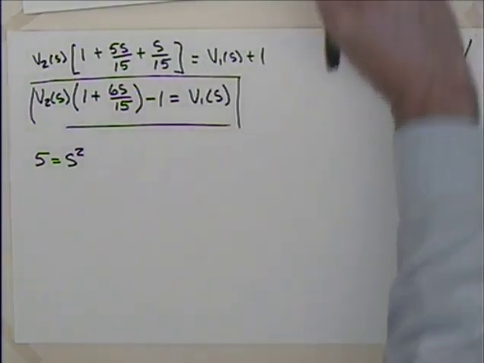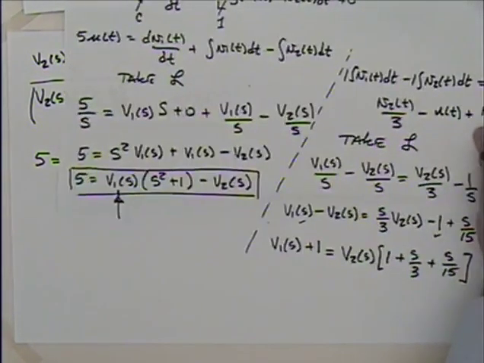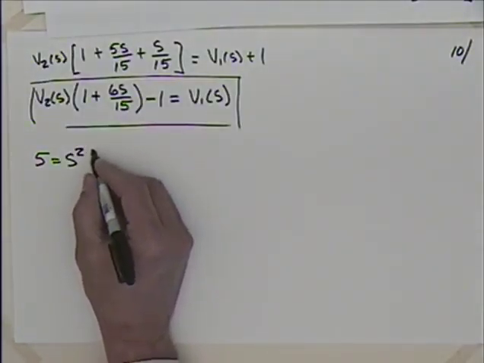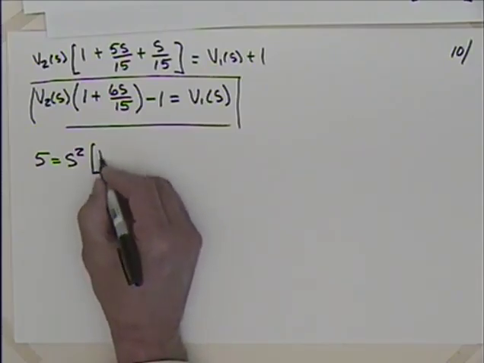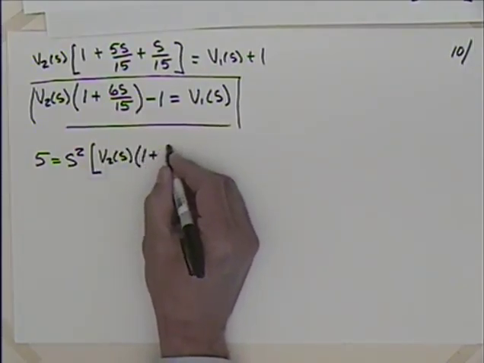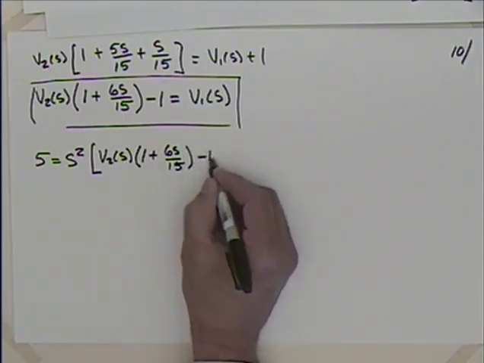Isn't that right? V1 times s squared and V1. So I'll substitute that in. So s squared times V2(s) times 1 plus 6s over 15 minus 1.